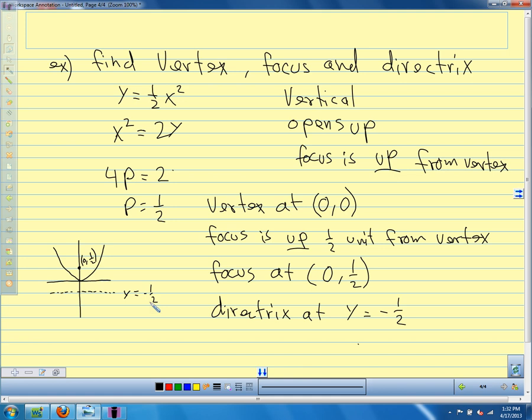So that would be a quick sketch of that parabola. So again, p in our equation tells us how far we're moving away from the vertex in one direction to get to the focus, and the other direction to get to the directrix.